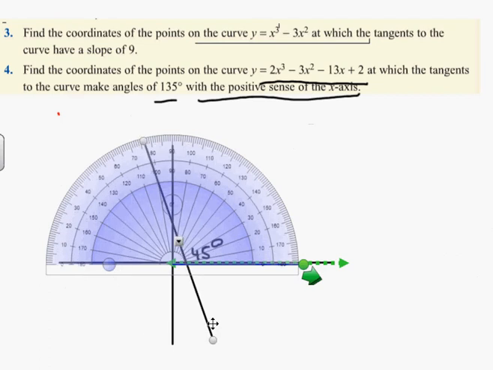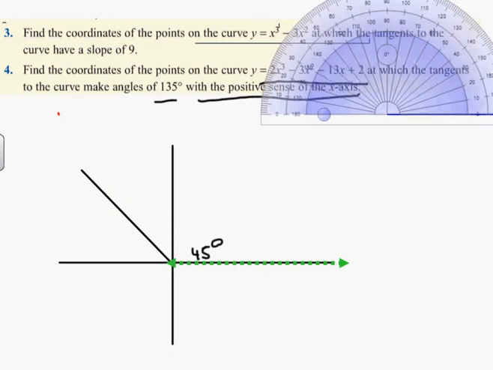If we start here, 135 degrees would be where, guys? That's 10, 20, 30, 40, 50, 60, that's 90, 100, 110, the lower numbers, 120, and then 135 is in that direction there. That line is now making 135 degrees to the positive x-axis.